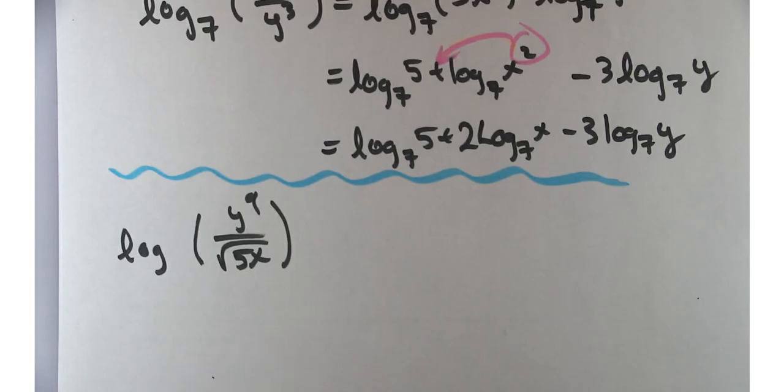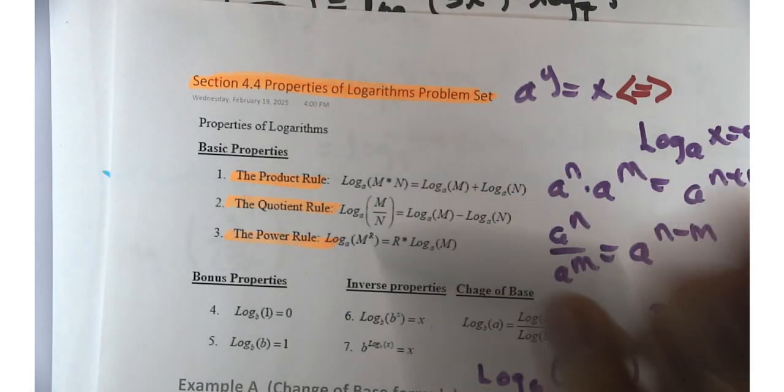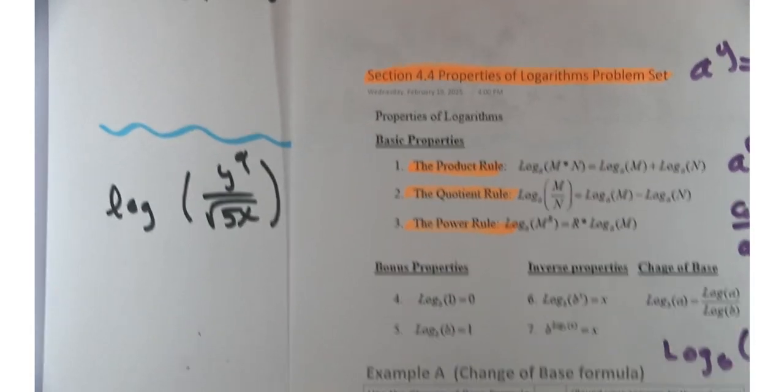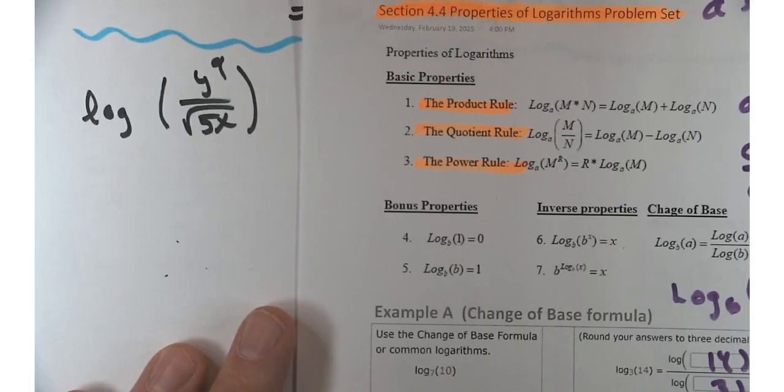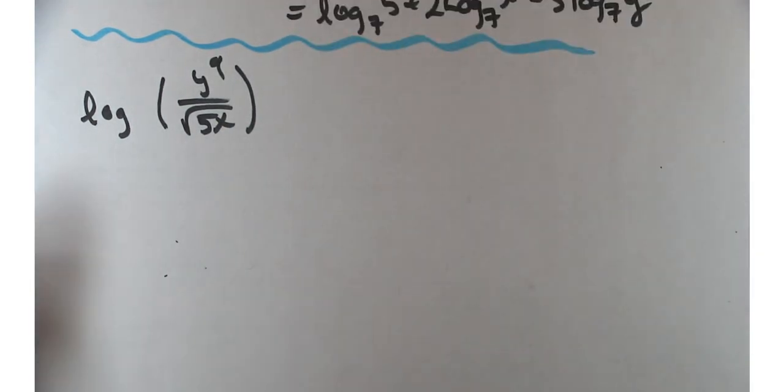Your choices are the ones that are on our handout: product rule, quotient rule, and power rule. Do any of those look like they apply? Yeah, the quotient rule. You got something divided by something else. So nice. We'll start there.